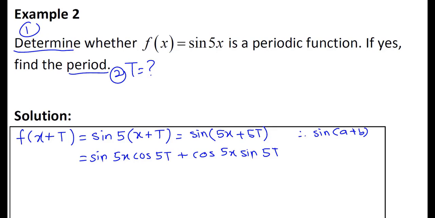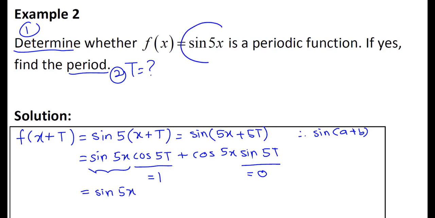Now we want to determine whether f(x) equals sin 5x is periodic. To make sure f(x + T) is equal to f(x), which is sin 5x, cos 5T must be equal to 1 and sin 5T must be equal to 0.